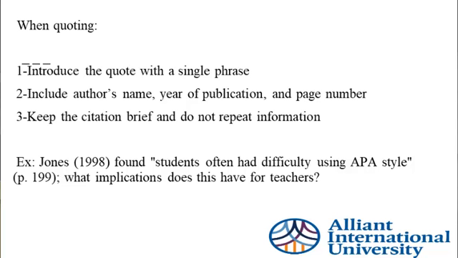So when we have direct quotes, you want to introduce a quote with a single phrase, include the author's name, year of publication, and, if you would like, you can add the page number. You want to keep that citation brief and not repeat information. So in this example, they put, Jones found students often had difficulty using APA style. What implications does this have for teachers?